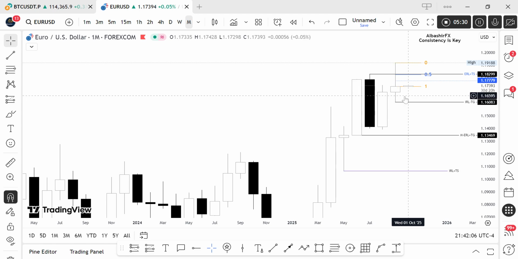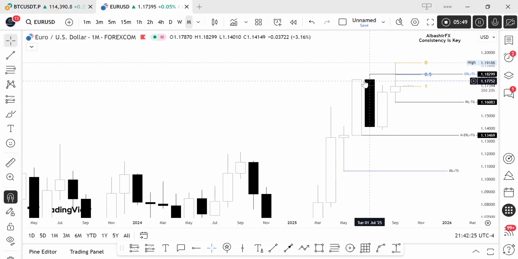And again, we have a large wick. How do I explain that we treat our large wick like this? If we are going to treat our large wick, we are going to take the 50%. Now if you look at the 50%, this 0.5, which is the midpoint of that fair value gap, is exactly at our external range liquidity, turtle soup plus turtle soup.